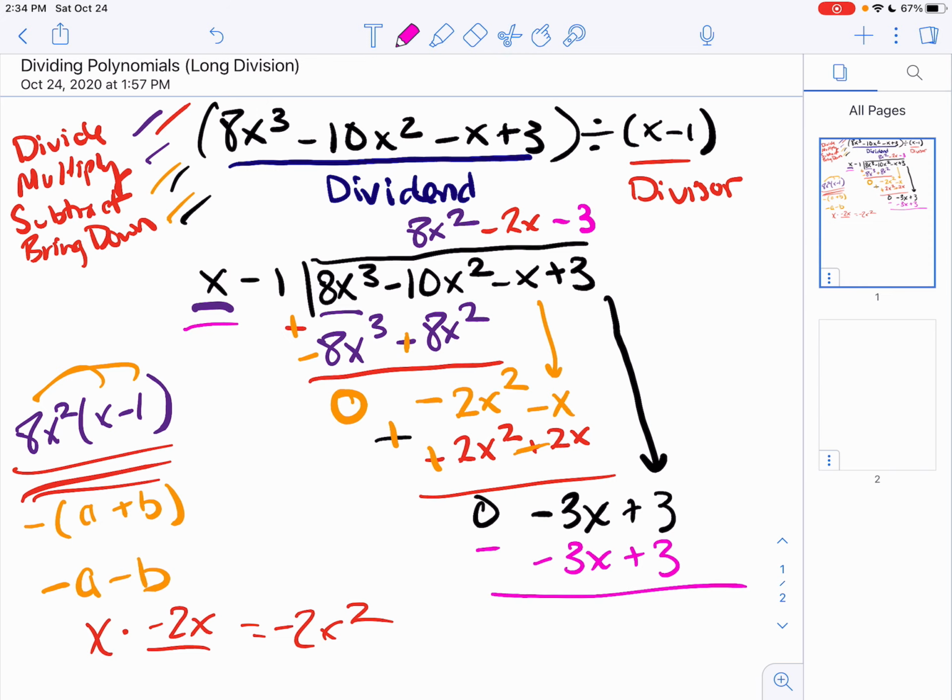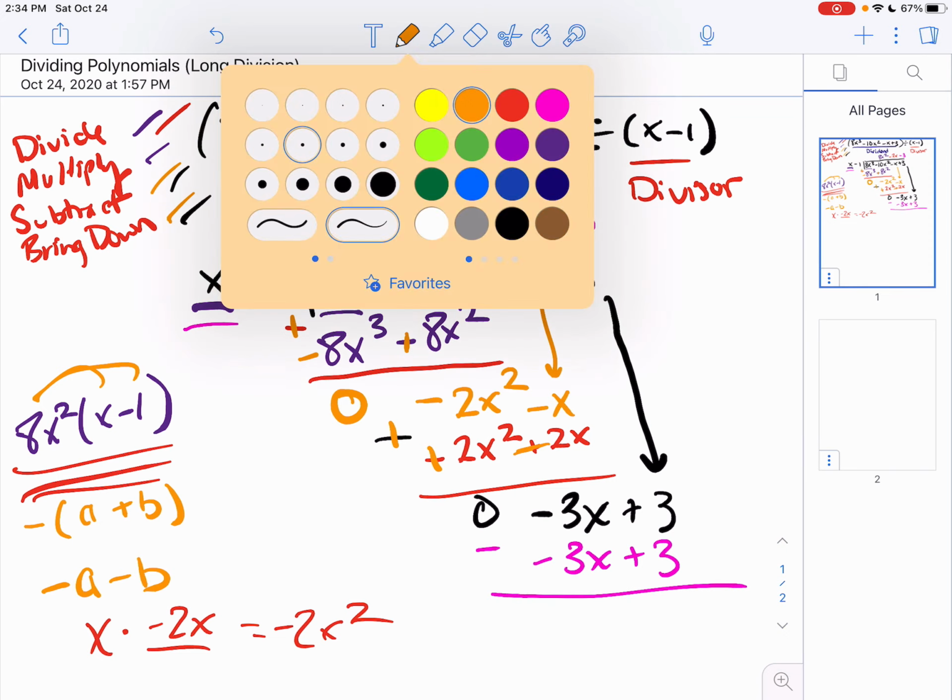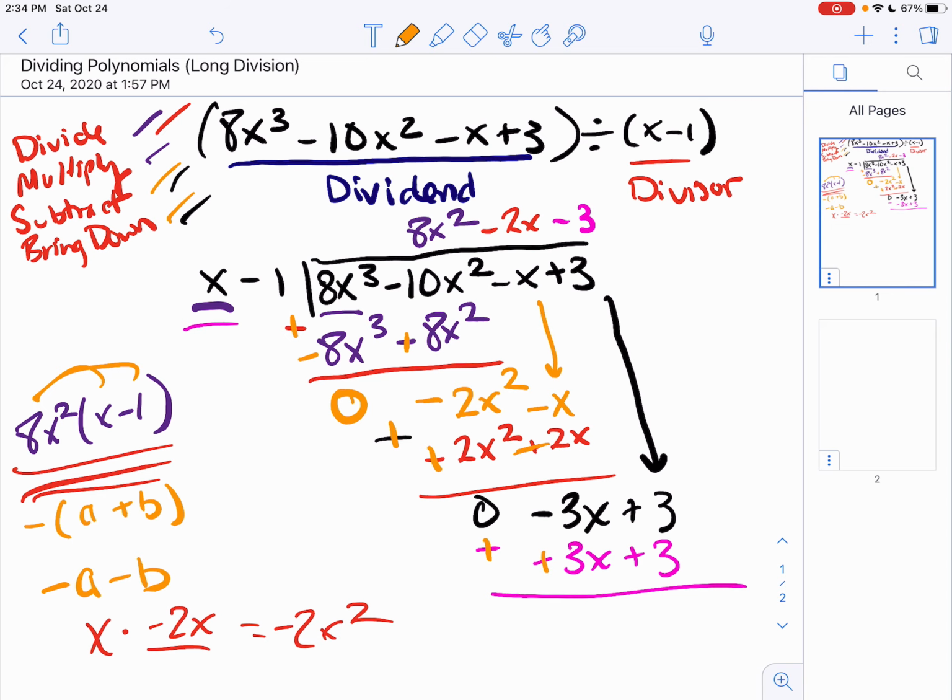Instead of subtraction, I like to change it to addition, and then change the signs. So now, it's just an addition problem. Negative 3x plus 3x gives me 0, and 3 minus 3 will give me 0. And I am done.